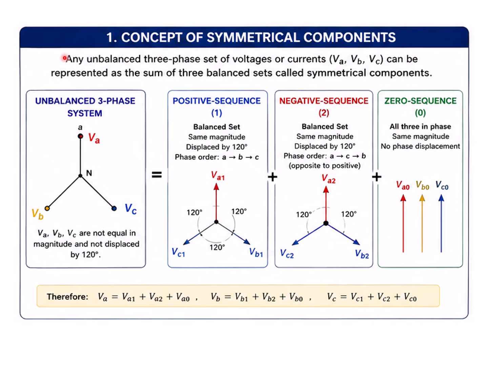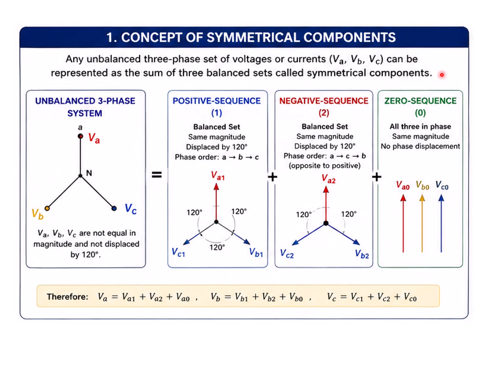So when we are talking about an unsymmetrical fault, we'll use the concept of symmetrical components, where the definition is that any unbalanced three-phase set of voltage or current can be represented as the sum of three balanced sets called symmetrical components.